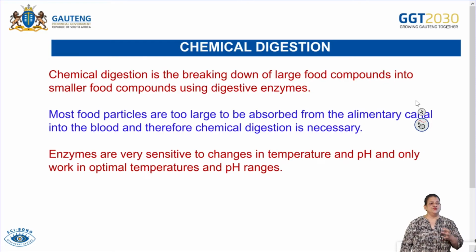Most food particles are too large to be absorbed from the alimentary canal into the blood, and therefore chemical digestion is necessary. Just look at your blood capillaries, your blood vessels, and think of a big sausage that you're eating or a chop. Can a chop actually move through your blood vessels? No. Can a whole slice of bread move through your blood vessels?